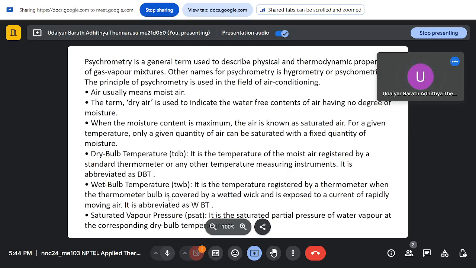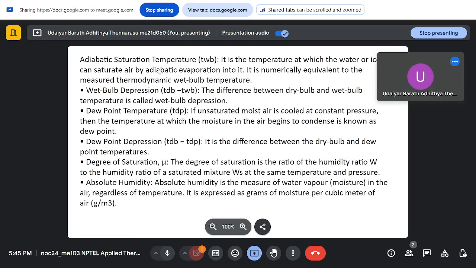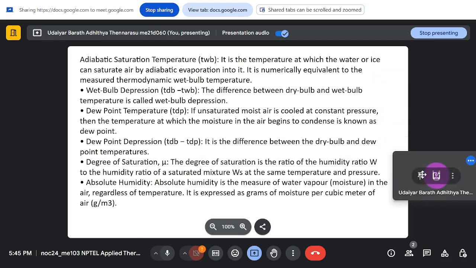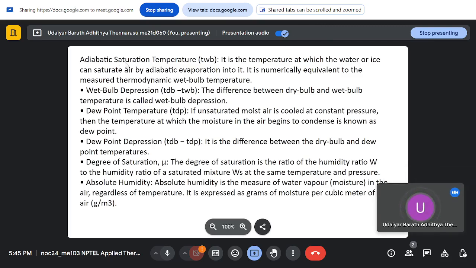So that is WBT. The saturated vapor pressure is the saturated partial pressure of water vapor at the corresponding dry bulb temperature. Then the adiabatic saturation temperature is the temperature at which water can saturate air by adiabatic evaporation into it. It is numerically equivalent to the measured thermodynamic wet bulb temperature. Wet bulb depression is the difference between the dry bulb temperature and wet bulb temperature.